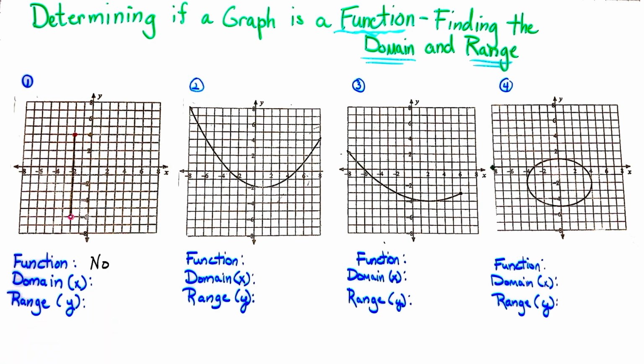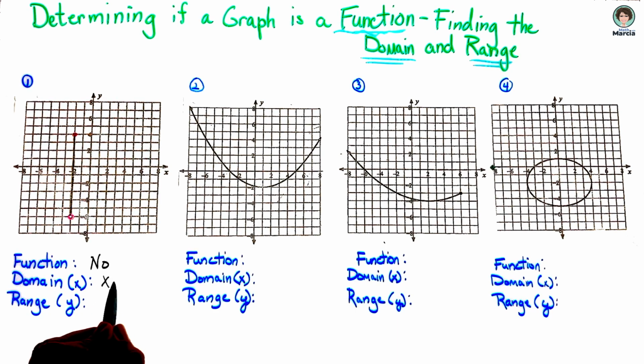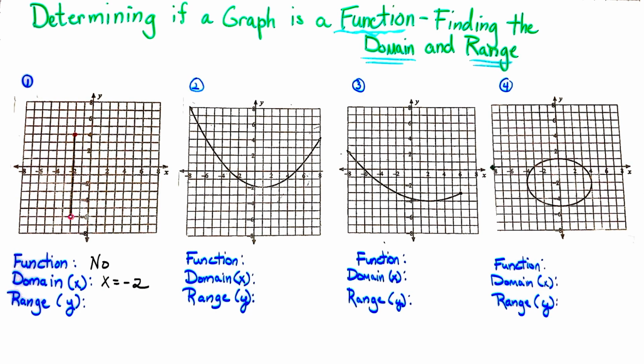So now we're going to look and see what the domain is, what the x values are. Well, notice it just goes through a -2. So x actually is just equal to one value, -2. But our y values are part of this whole line.